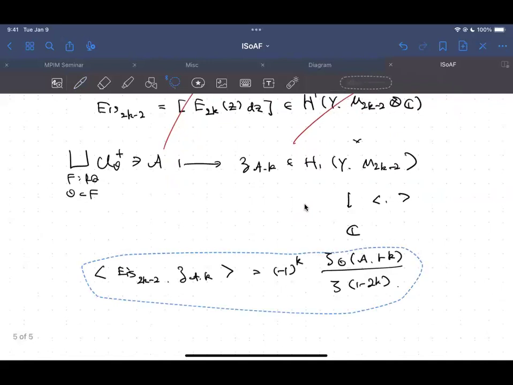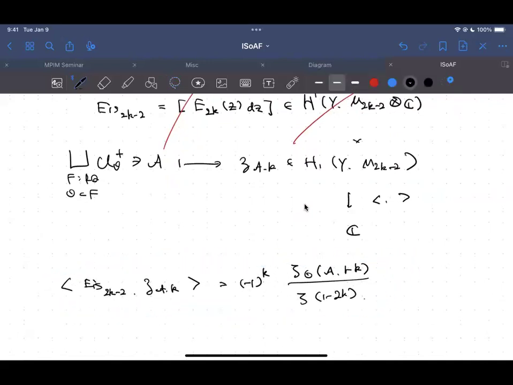And if you call the notation for the numerator and denominator of the Riemann zeta value, this can be written like this.